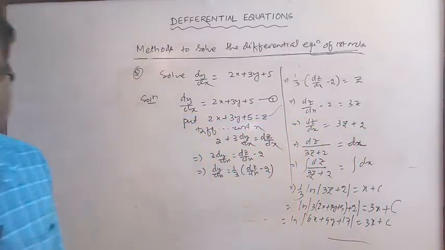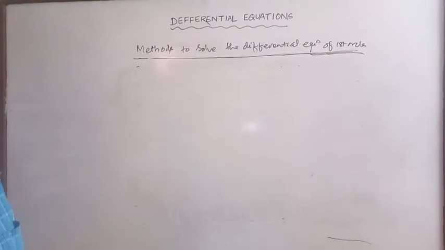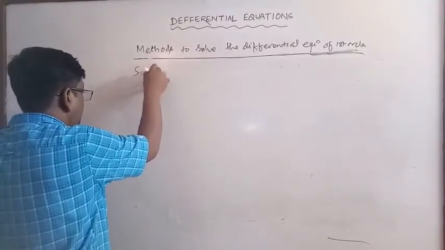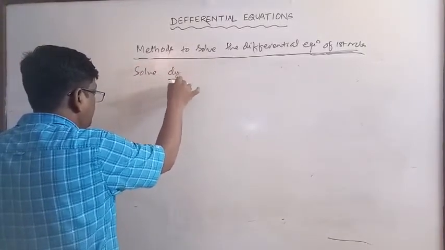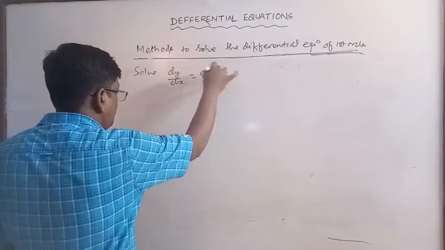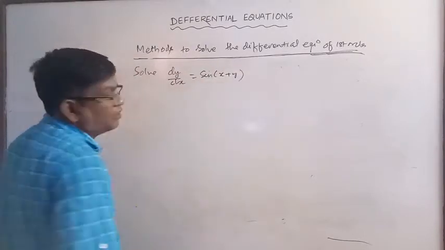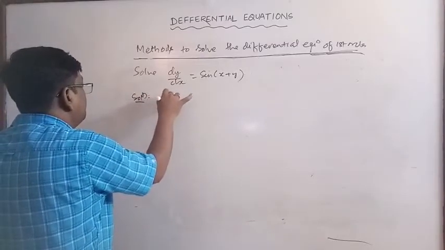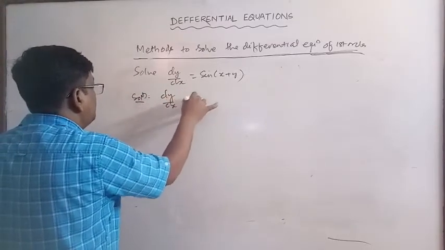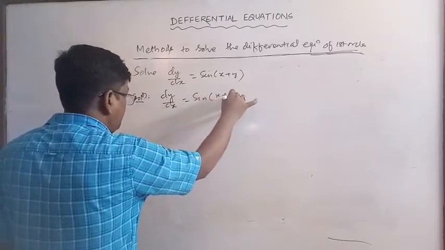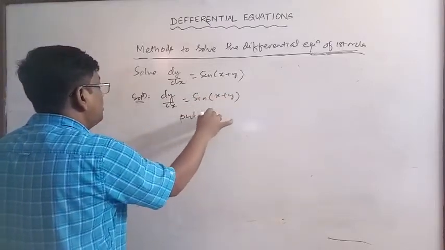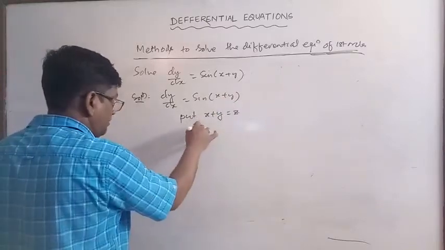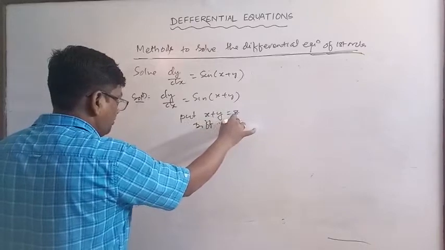Now another question related to this type. Solve dy/dx = sin(x + y). Solution: dy/dx = sin(x + y). Put x + y = z. Differentiate with respect to x.